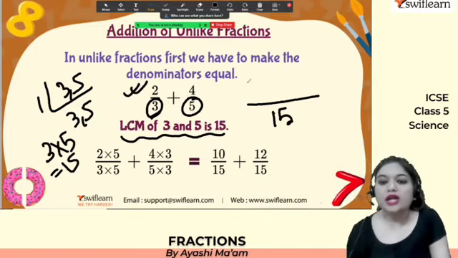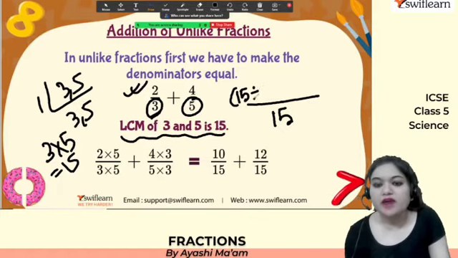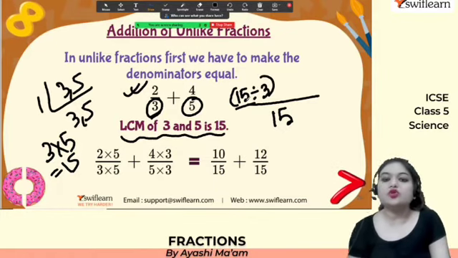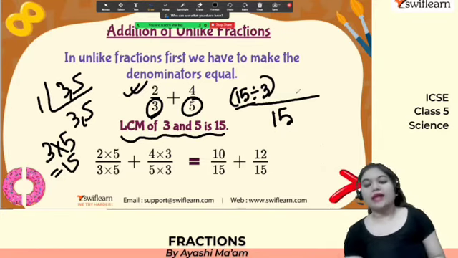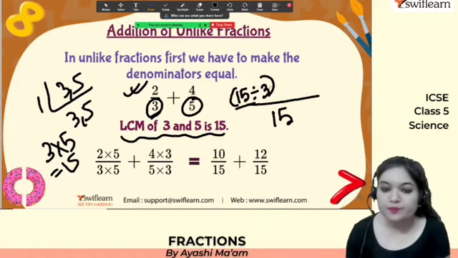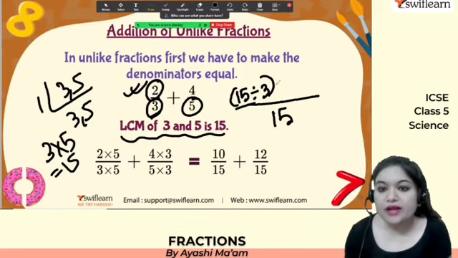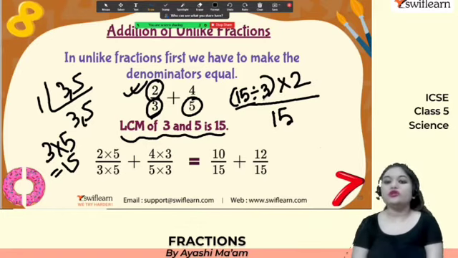So 15 divided by 3 gives you 5, right? Now take the numerator and multiply. That's how we are going to solve it. So this is for the first one.